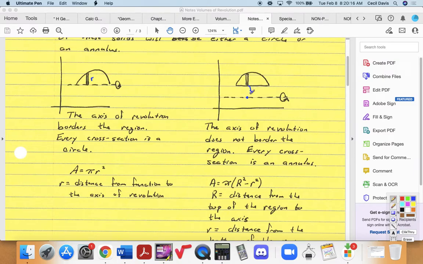I'm going to have the radius of the inside circle, that's the hole, that's little r. And the radius of the outer circle, that's big R. Okay, now, I will say occasionally the line is on top. Still works the same way. Okay, and we'll look at one like that, I think, in just a moment.